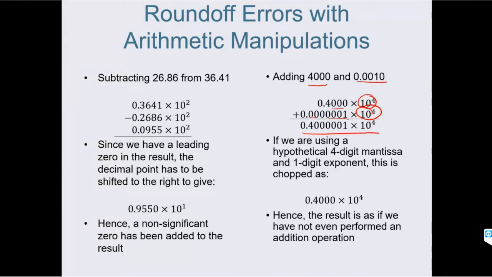But if you have only a 4-digit mantissa, then 1, 2, 3, 4, and the rest of it is chopped. As I told you, it is chopped or truncated. And because of this, the rest of it is lost, and you just end up with 4,000 as if you never added any other value to it.